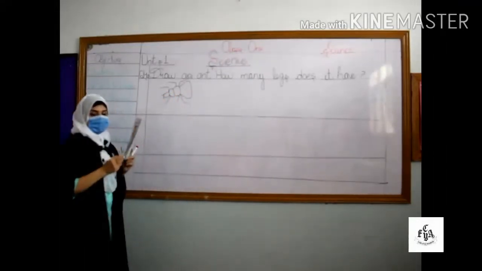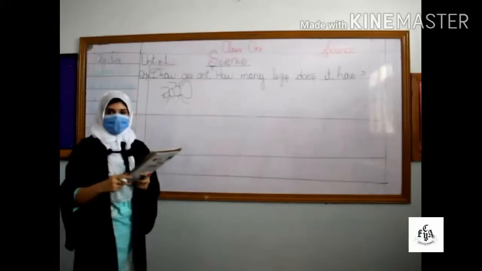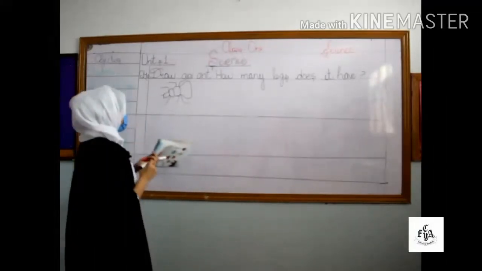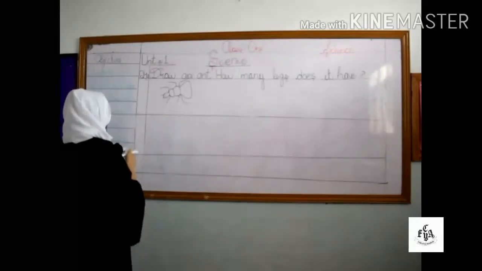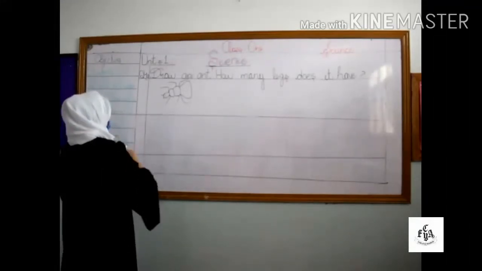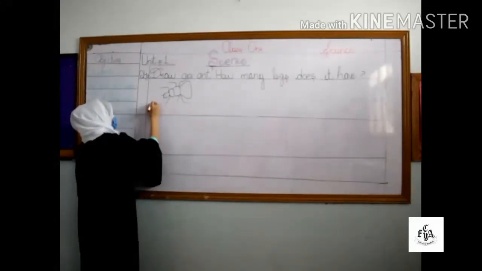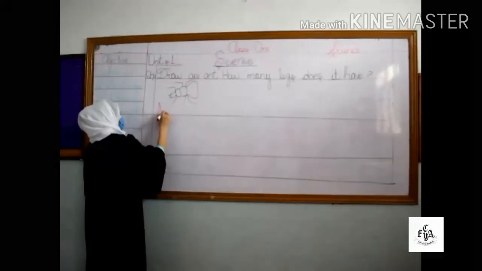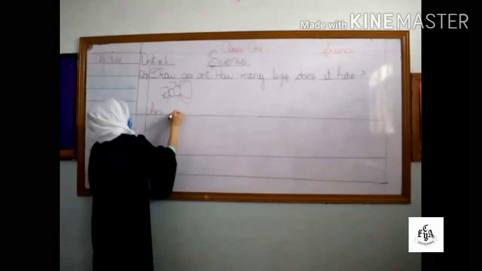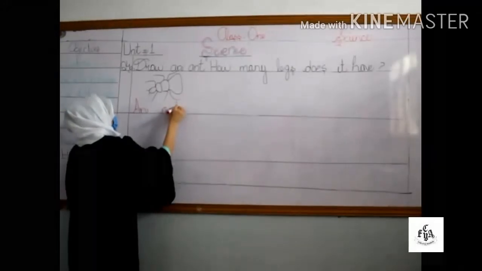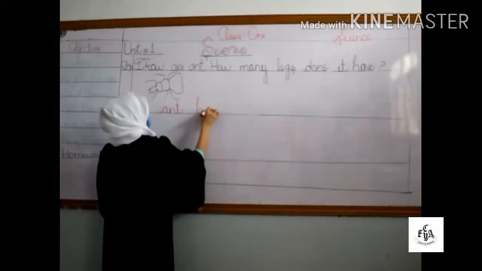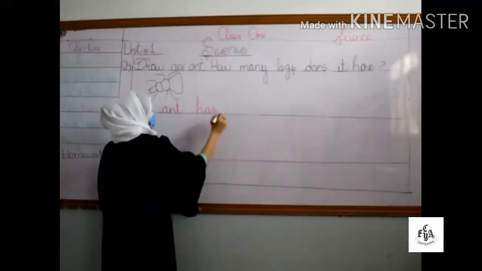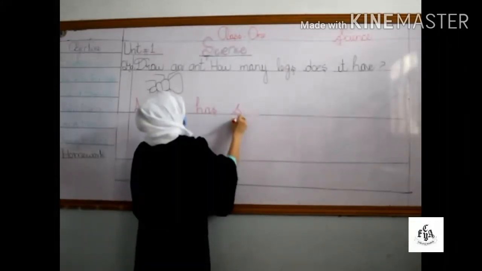What is this? It's an ant. Clear? It has 6 legs. An ant has 6 legs.